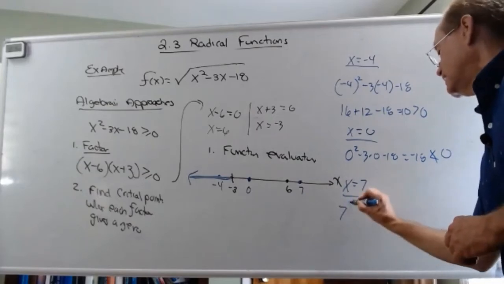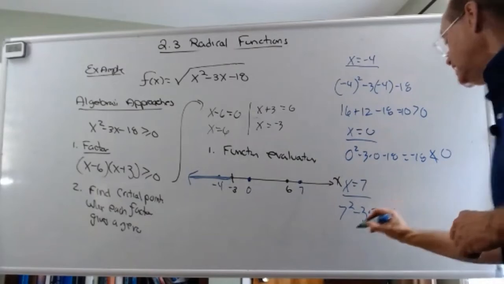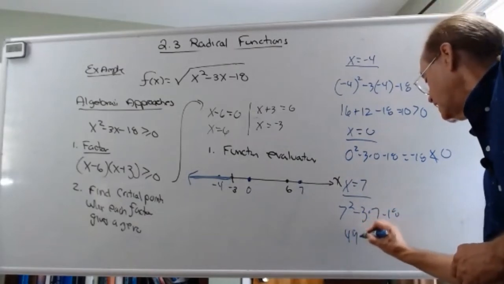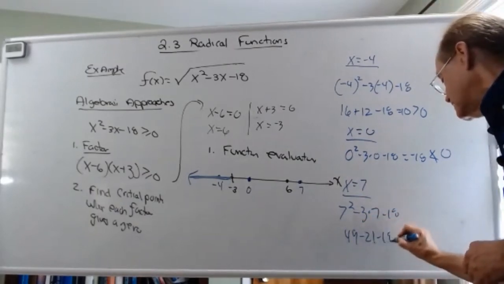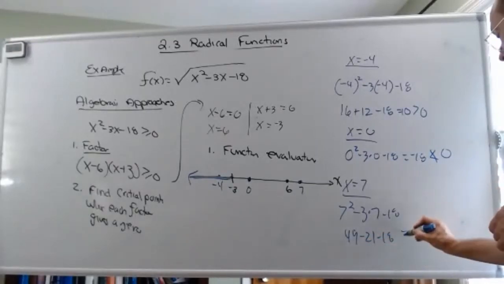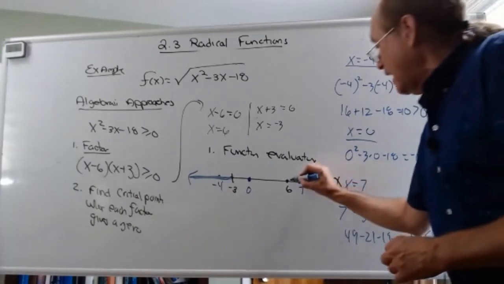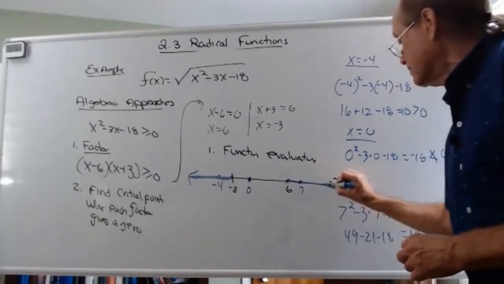Plug that in, so I get 7 squared minus 3 times 7 minus 18. You get 49 minus 21 minus 18, and that gives me 49 minus 39, so a positive 10. And again, I'm positive, so anything in this interval will work.